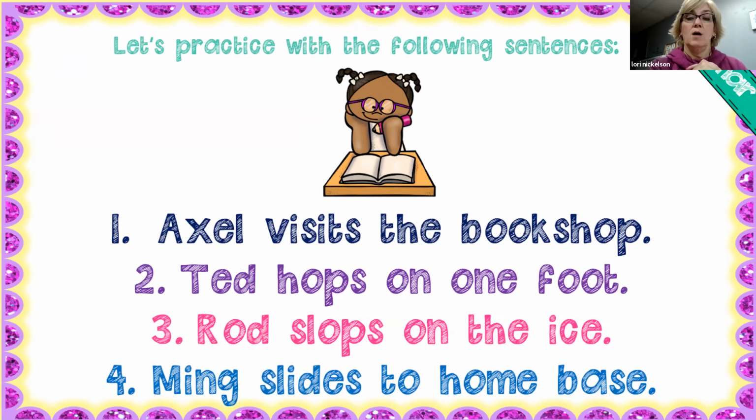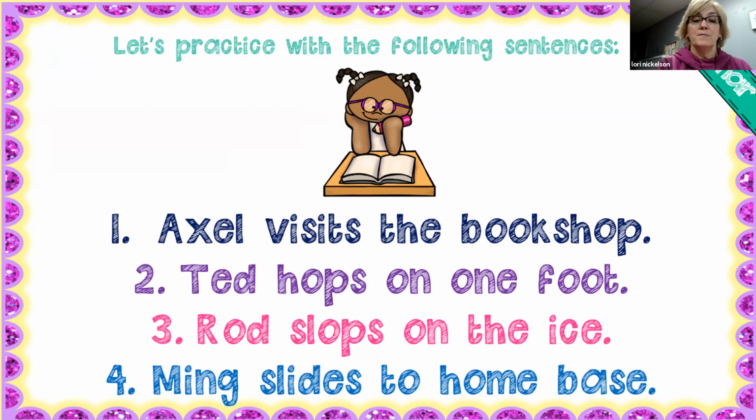Ted hops on one foot. What hops on one foot? Ted. So Ted is the proper noun. What does Ted do? He hops. That's the verb. How does he hop? On one foot.